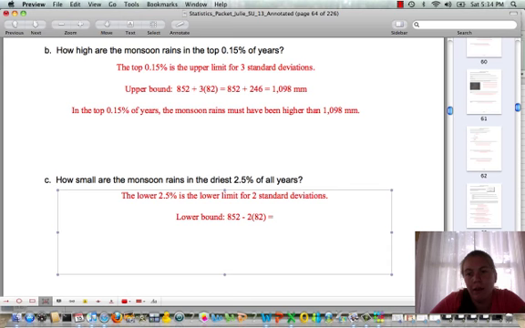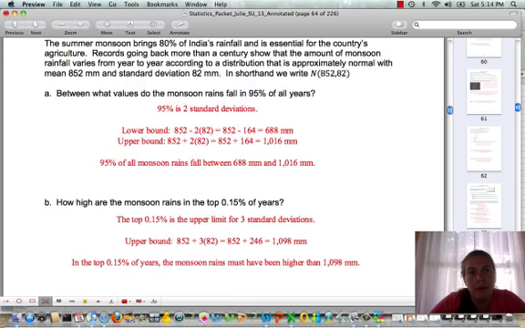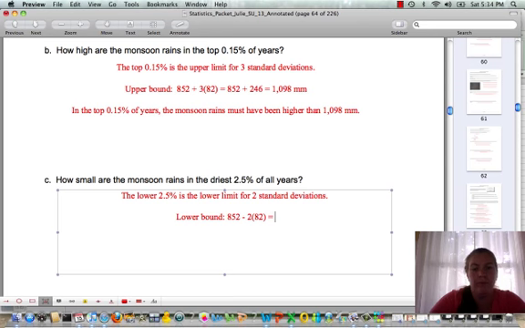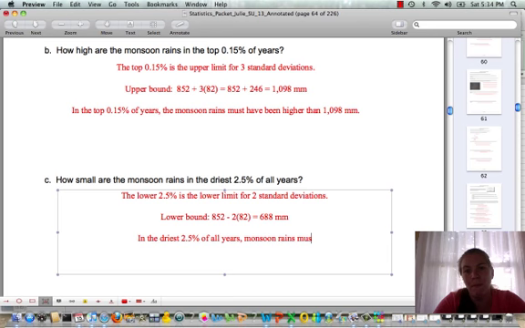And if we look back up in part A, we already went ahead and calculated the lower bound for 95%, which was 688 millimeters. So we can say in the driest 2.5% of all years, monsoon rains must have been less than 688 millimeters.